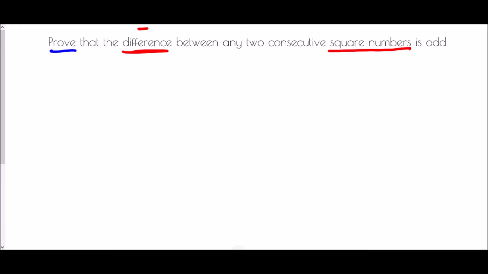Well, the first square number we would have would be n squared, as in this could be 1 squared, 2 squared, 3 squared. What would the next square number be? Well, the next square number would be n plus 1 all squared, because that is saying if n was 2, this would be 2 squared, and then the next one will be 3 squared, and so on.